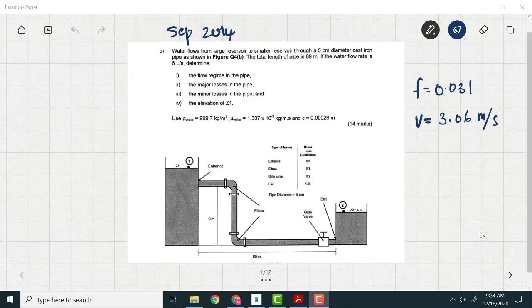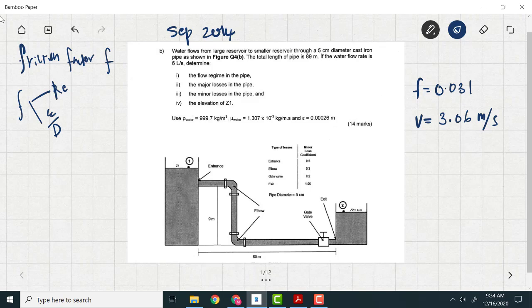Okay, alright. So looking back, we had learned about friction factor. Friction factor, which is F, can be defined using one, Reynolds number, and two, relative roughness.